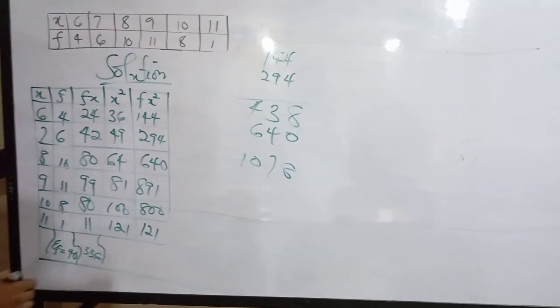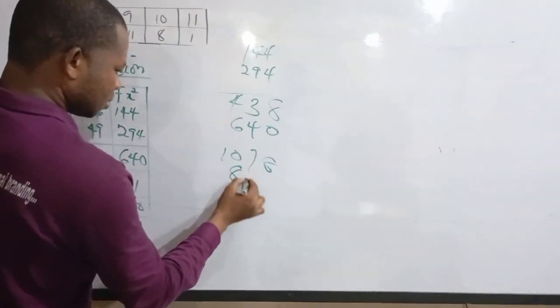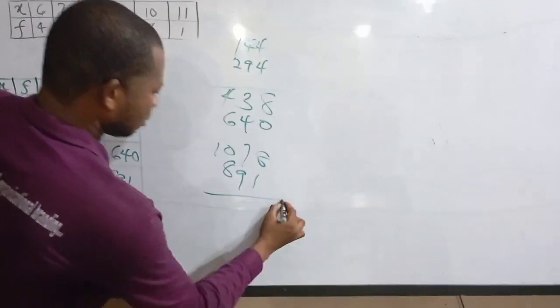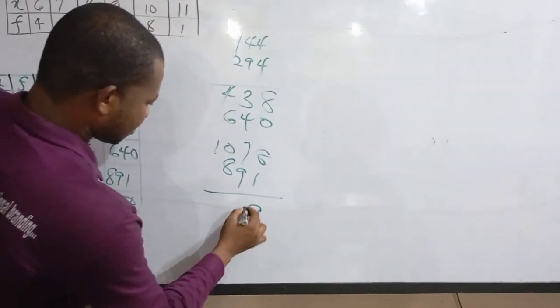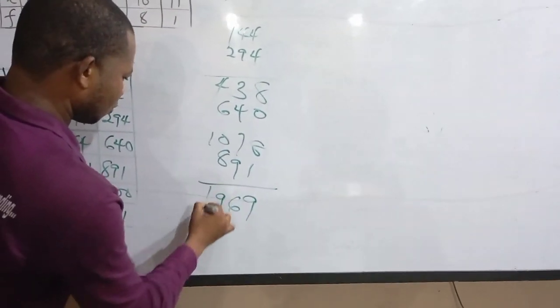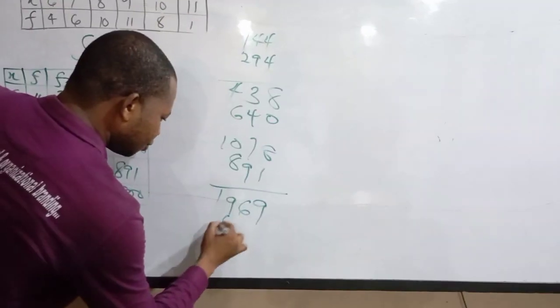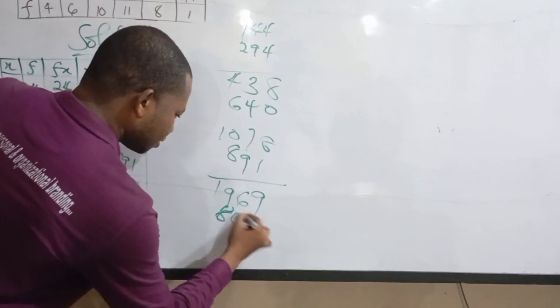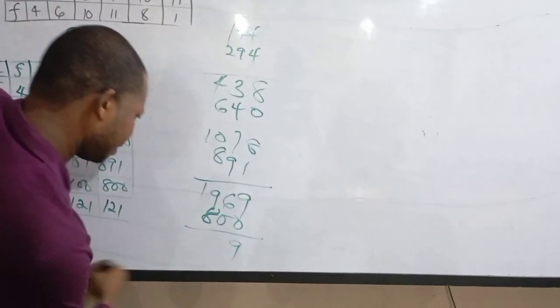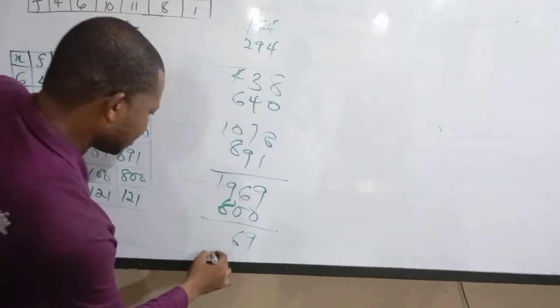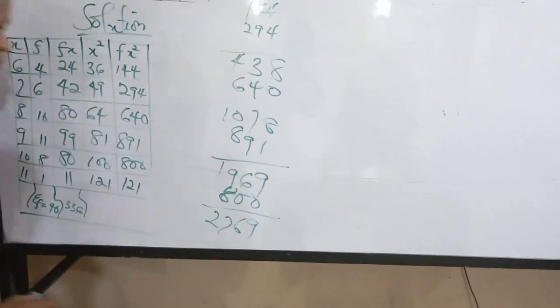Then plus 891, this gives us 9, 6, 9, 1. Then plus 800, this is 9, 6, 7, 2.